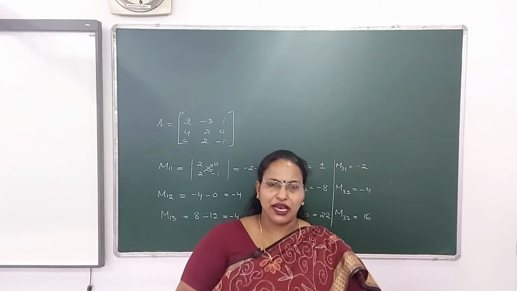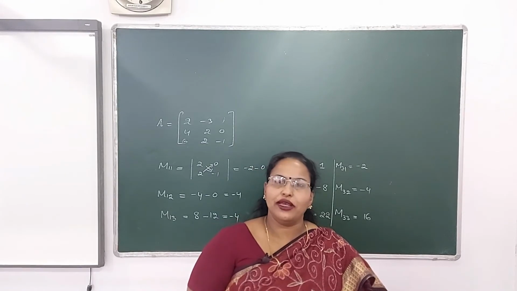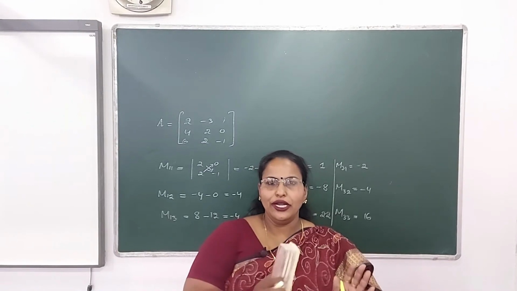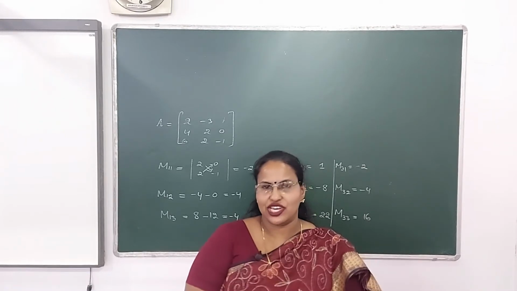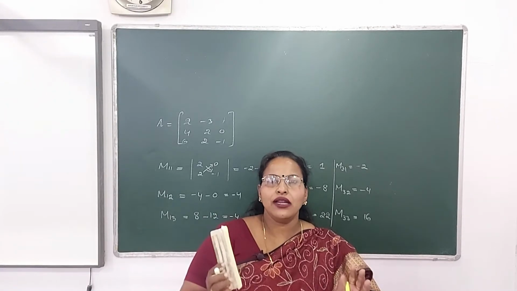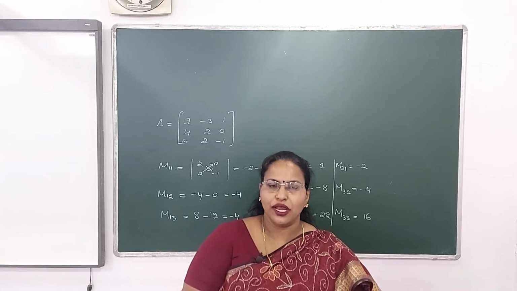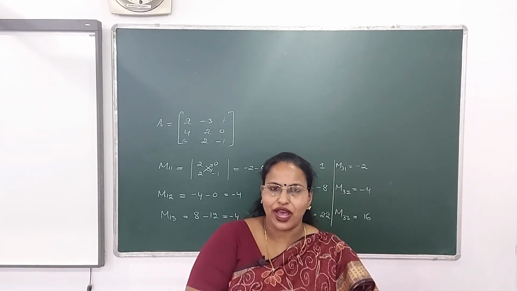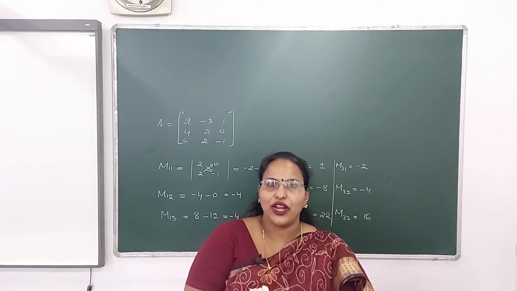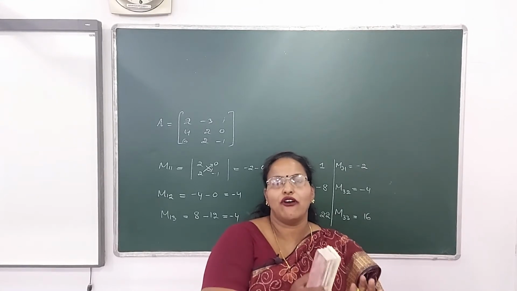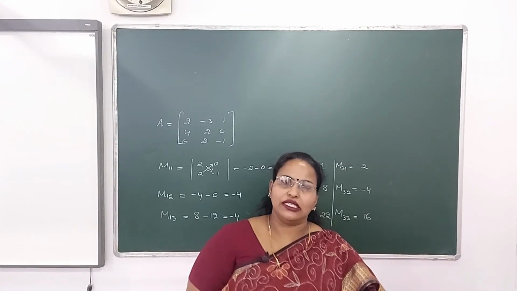Its minor is Mij. How to obtain the minor of an element? You will be deleting the ith row and the jth column. A sub matrix of order n minus 1 is obtained. Get the determinant value of that, and that particular value will be called the minor of that particular element.